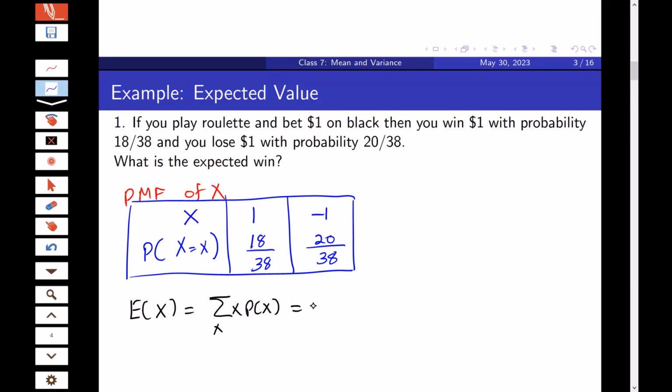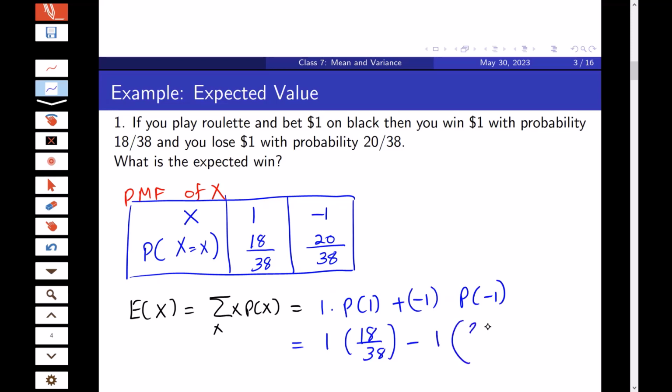First, I take 1 times the probability of 1, plus negative 1 times the probability of negative 1. Plugging in, 1 times 18/38 minus 1 times 20/38.